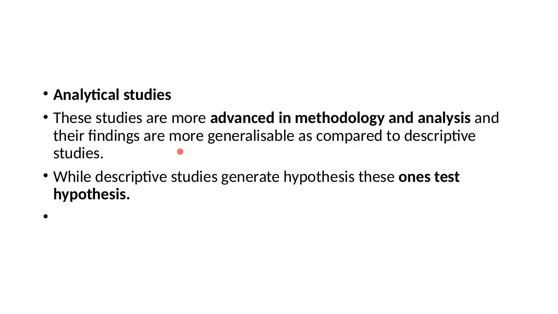Because, for example, you might find Roiro having different cases of coronavirus, or men in Roiro having different percentages as compared to men in Turkana. That is, we are just describing the situation as it is, but we are not going deeper to look at the causes of coronavirus, or what types of viruses are involved here. So for analysis, you're using more methodology as well as advanced analysis.